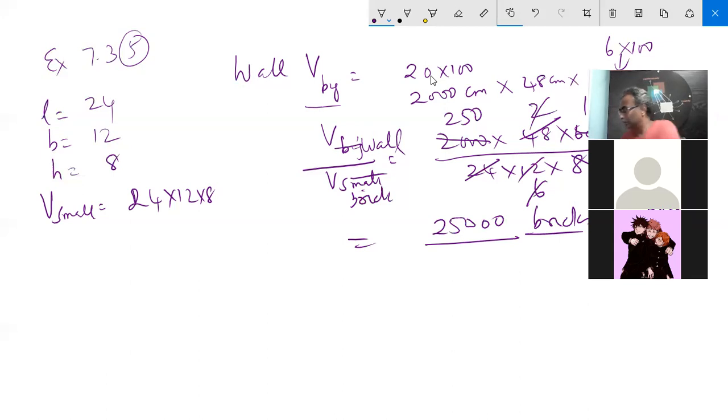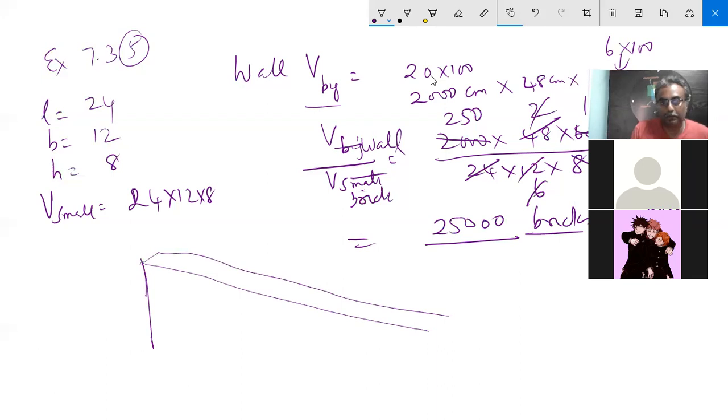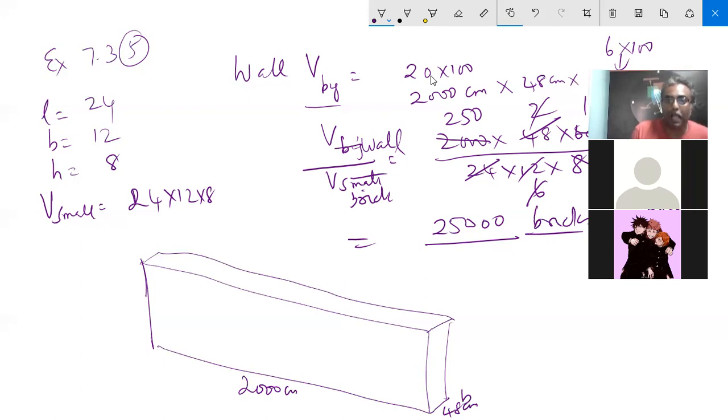Uncle, could you explain again? See, the volume of wall, the wall is like that. This is a big one. This is the wall you are building. Now, how much is the wall? Length is 2000 centimeter, breadth is 48 centimeter, height is 600 centimeter.